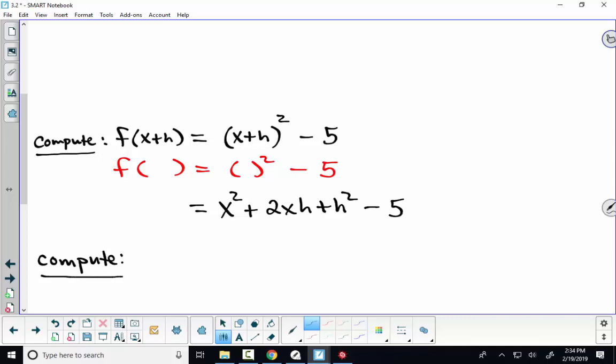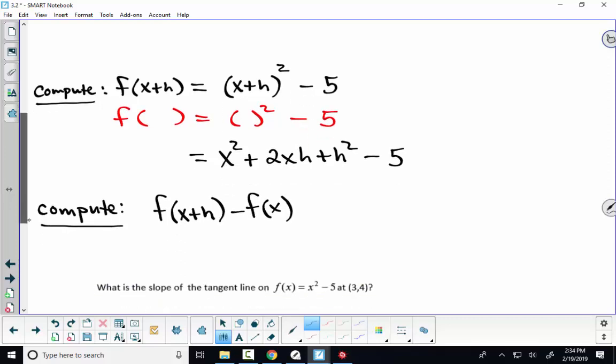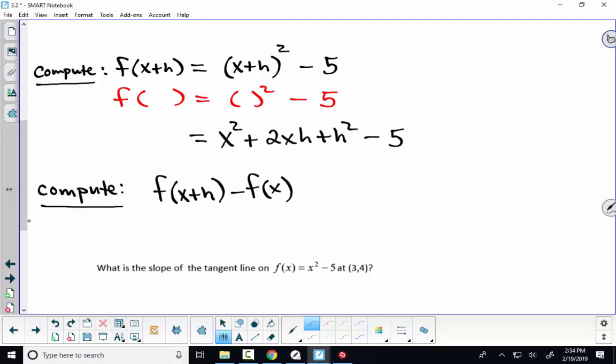Then we'll compute the full numerator. The full numerator is f of x plus h minus f of x. So that's x squared plus 2xh plus h squared minus 5 for f of x plus h. And then we have to subtract off our function, x squared minus 5.